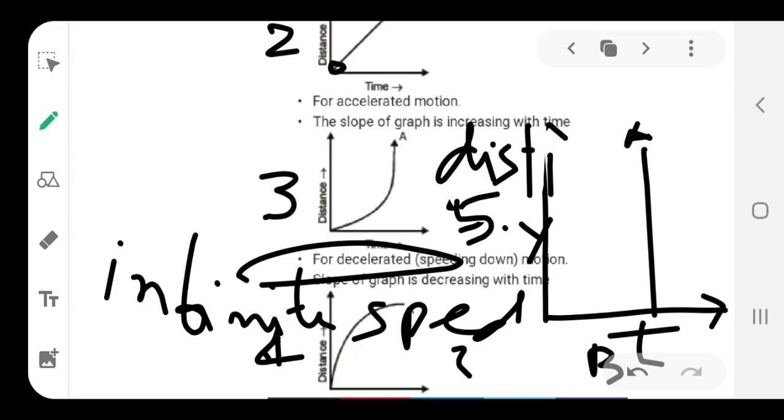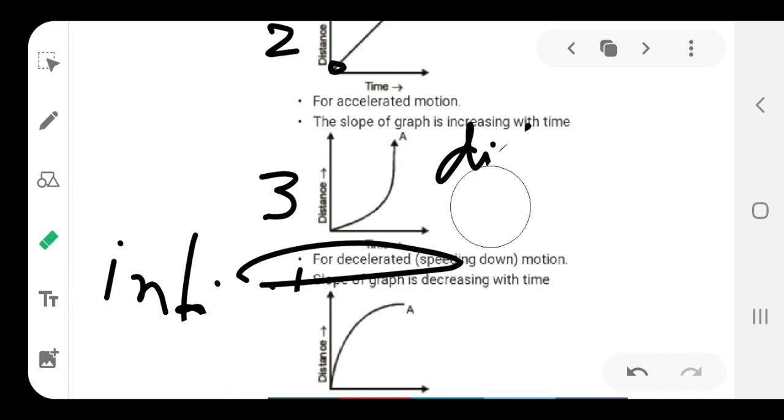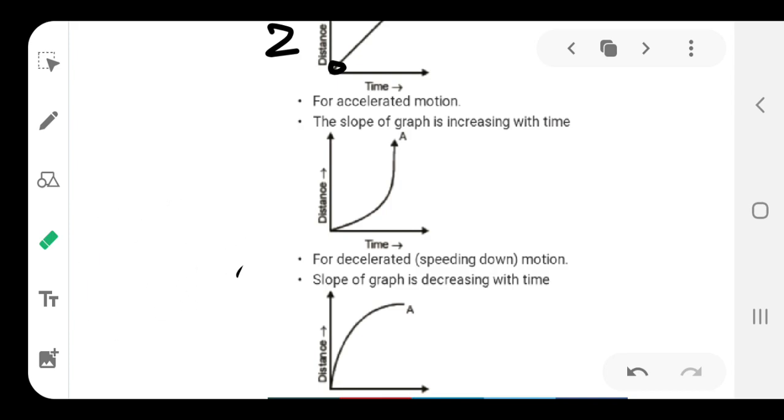You have to have some speed, you can't have infinite speed. So, in reality this graph is not possible. You have to write it is not possible and then give the reason, because it represents a body with infinite speed.